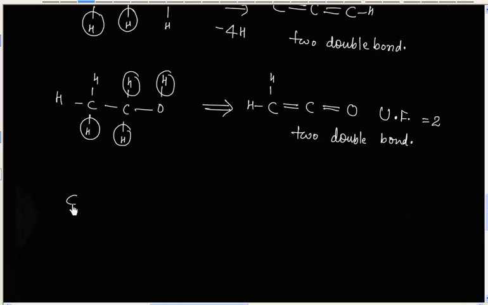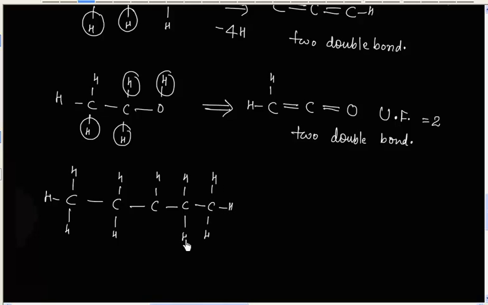So let us consider this compound. We can remove this hydrogen and this hydrogen to form a double bond between these two carbons, and we can remove this hydrogen and this hydrogen, and we can connect these two carbons to form a ring.